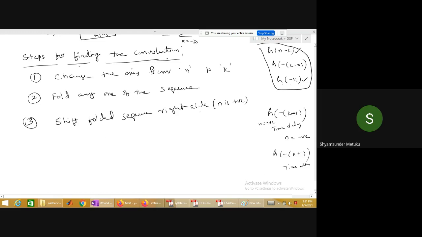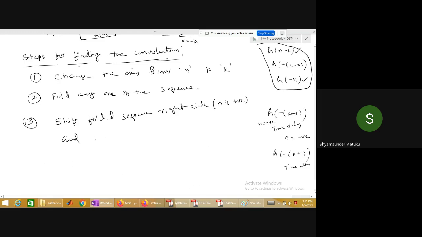If n is right side, it means delay. Delay means positive only, no? Yes, n is positive. That is what I'm writing, not to have a confusion. Right side I'm writing, that is the reason. Right side and time delay are both the same.